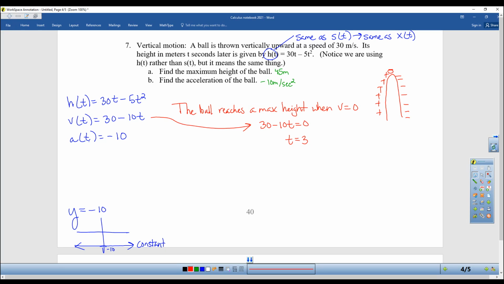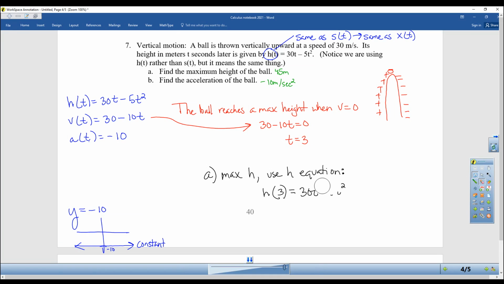What is the maximum height? If they want to know maximum height, you need the height equation. So since I want to know the maximum height, use the h equation. So there's a lot of different equations, and sometimes people's biggest problem is just using the right one. So I want to know the height at 3 seconds, because at 3 seconds, that's when its velocity is 0. 30t minus 5t squared.